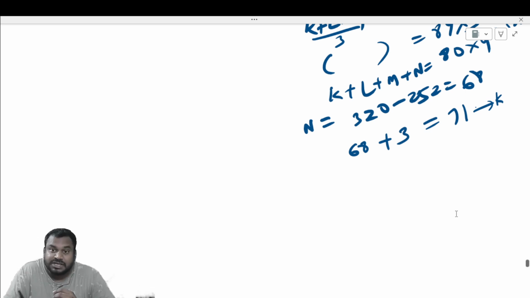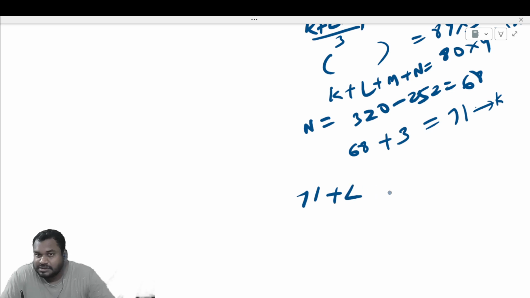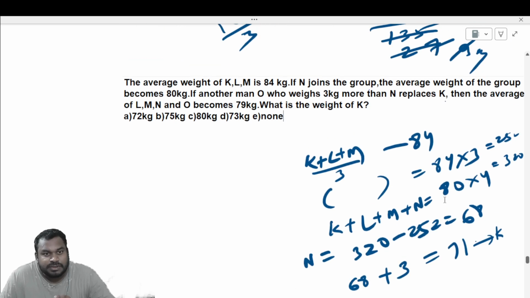So the average became 79. So easily the same. So now I will do 71 plus L plus M plus O, replacing what? Replaces K. Okay.